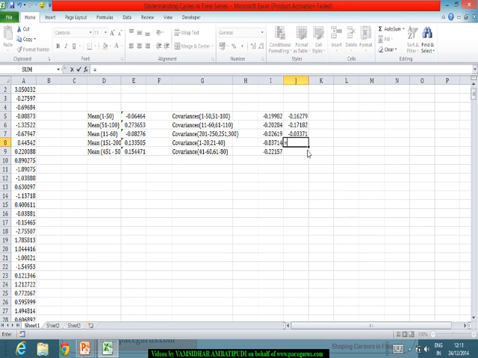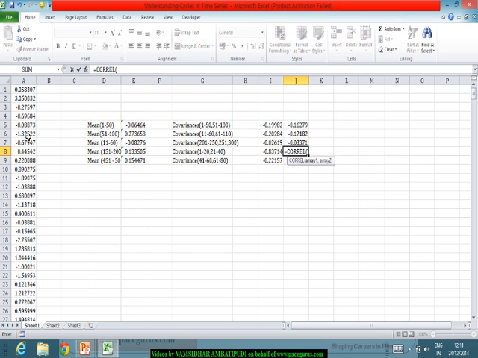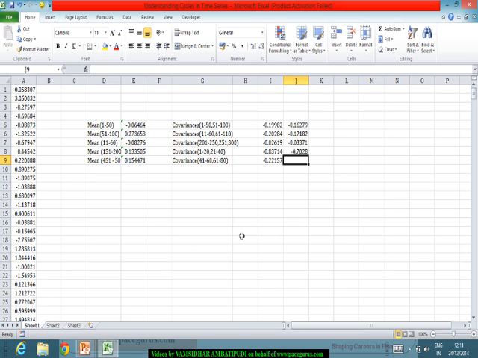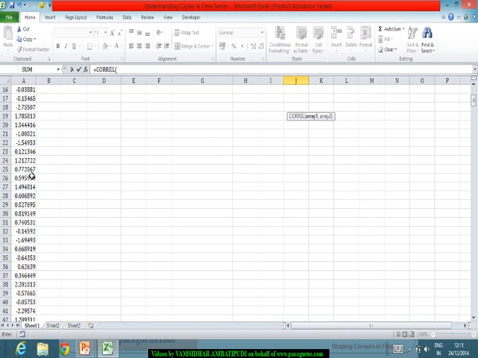Similarly, when I look at correlation between, let's say, 1 to 20 and 21 to 40, correlation is minus 0.7, and I look at it again between 41 to 60 and 61 to 80.